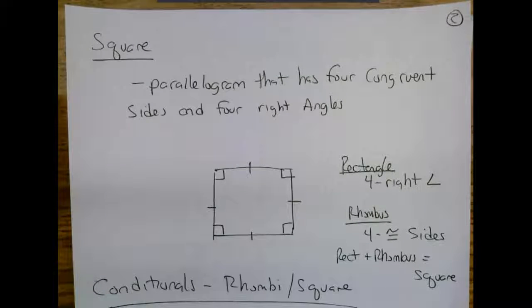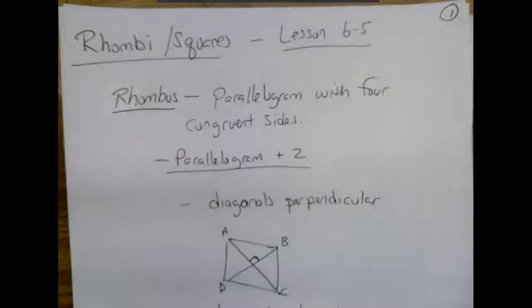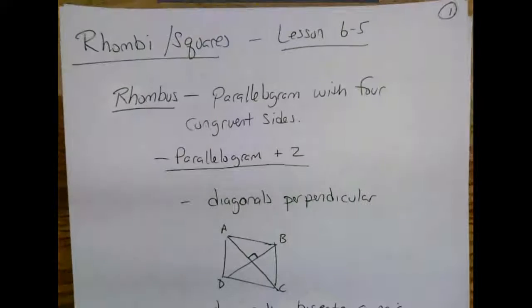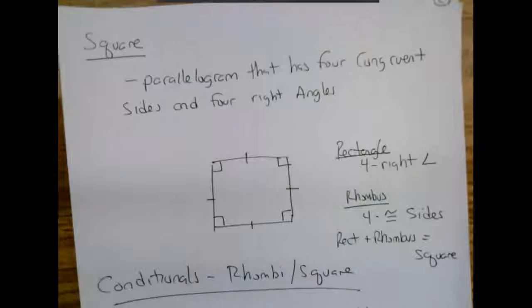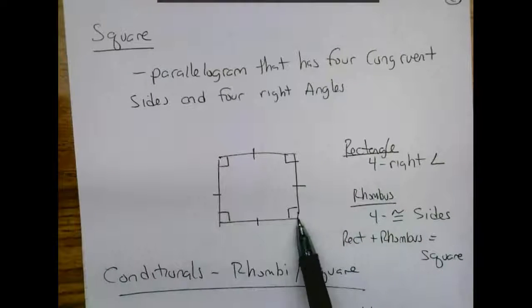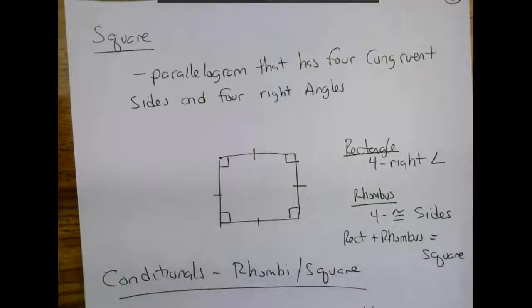Okay. Now, there's a difference here. If you look back at the rhombus, it has 4 congruent sides as well. But the difference is, if you draw the diagonals, you get a perpendicular angle there. And if you did the same with these diagonals, so if the diagonals bisected this here, you could also get 2 angles that are equal to each other as well.